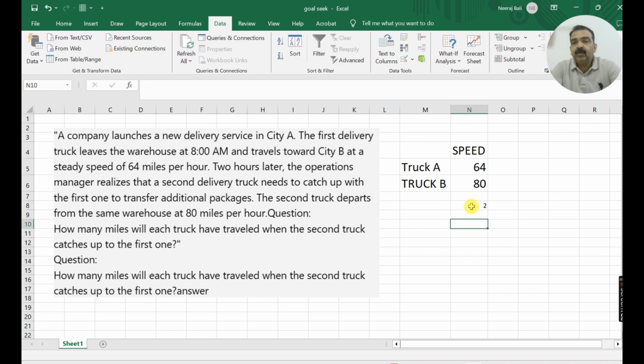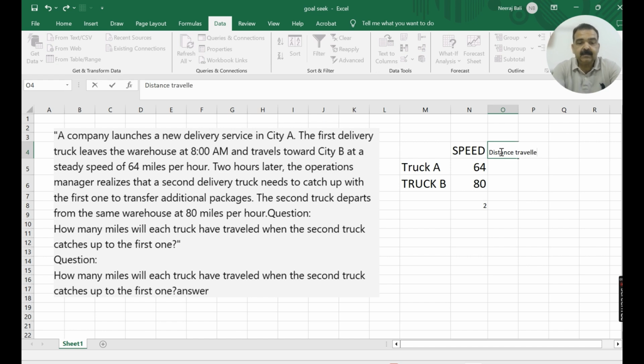Now tell me, in 2 hours, how far away must truck A have gone? What would have been the distance? Think about it. I'm sure you have thought about it correctly.